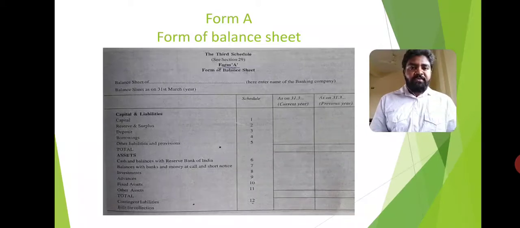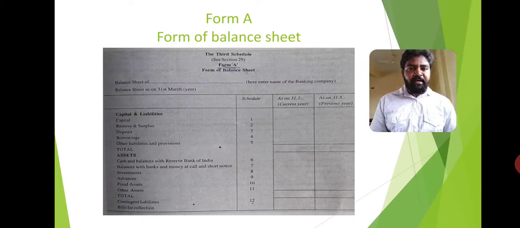Here schedule number 1 is capital, that is share capital. Schedule number 2 is reserves and surplus. Under reserves and surplus, statutory reserves, capital reserves, share premium and revenue and other reserves, and also the balance in profit and loss account. In profit and loss account, the balance also is to be considered under the head of reserves and surplus.